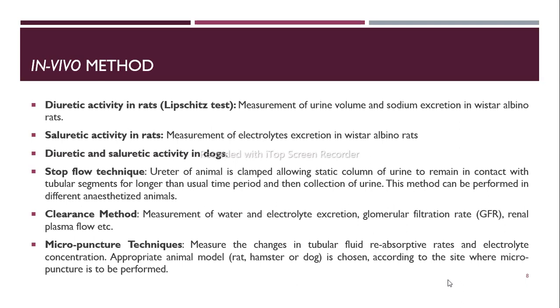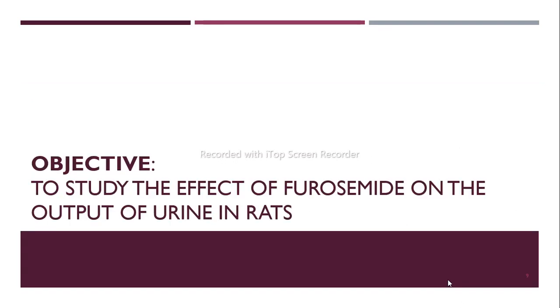In this, changes in tubular fluid reabsorption rates and electrolyte concentration are measured. An appropriate animal model like rat, hamster or dog is chosen according to the site where micropuncture is to be performed. Okay, so let's start with the actual experiment.